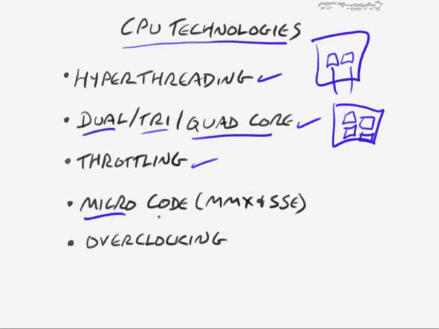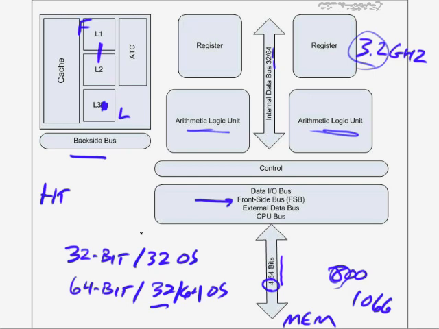There's also microcode, which we don't need to get into too elaborately, but just in summary here for the beginning of that. With MMX, this was multimedia extensions that Intel came out with, and AMD had some equivalents of this as well. And this would take functions that would normally have taken place, let me go back to this picture here, multimedia functions and interpretations that would normally have to be processed through the ALU.